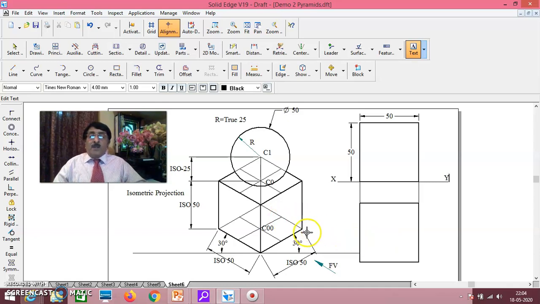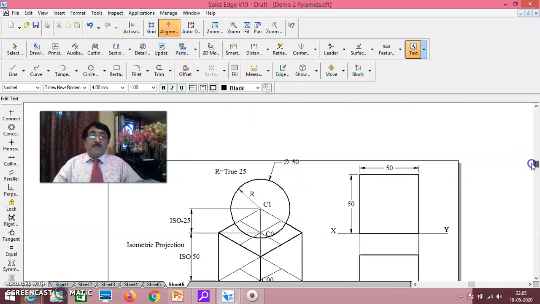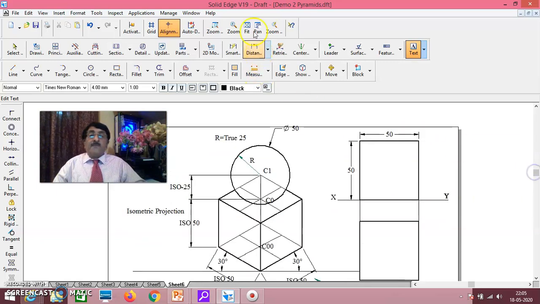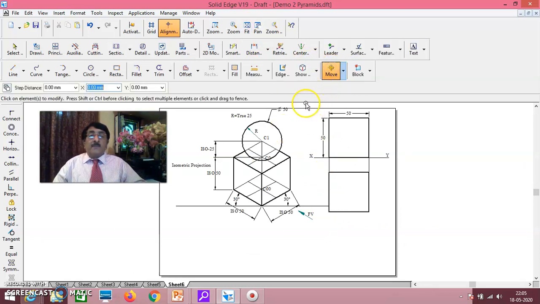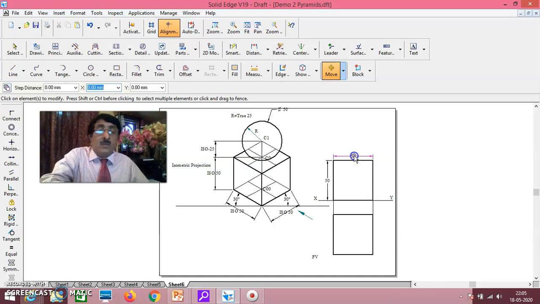Always start from the bottom solid, always, for completing. Then you have this sphere. Sphere is also of diameter 50. What I'll do now, I'll just move it a bit. Anyway, the distance is known.